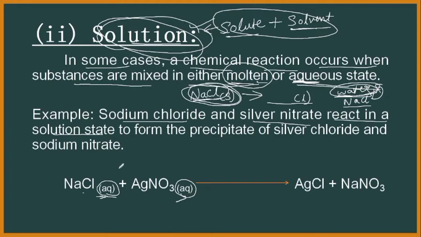On mixing these two, it forms silver chloride, which is white in color, and sodium nitrate. In this reaction, the two reactants are in the solution state. Does the reaction occur? Yes, because it forms new substances with new composition.